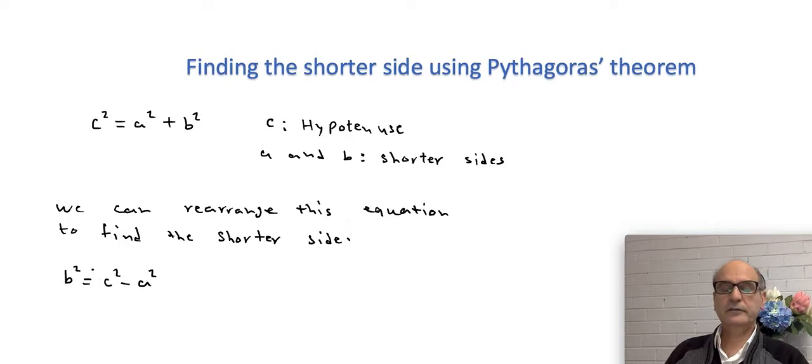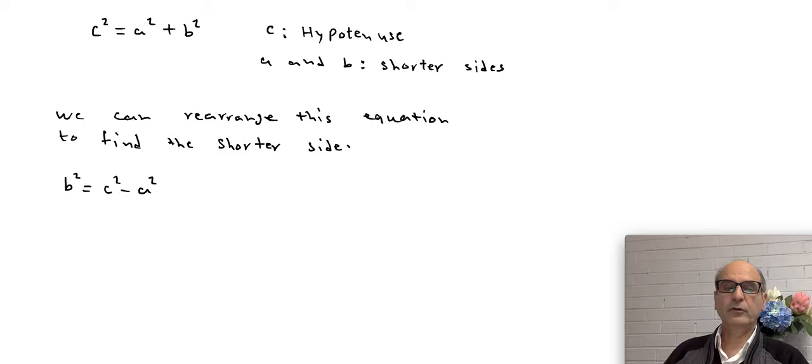Now, we can use this form to find an unknown shorter side. Let's look at a number of examples.